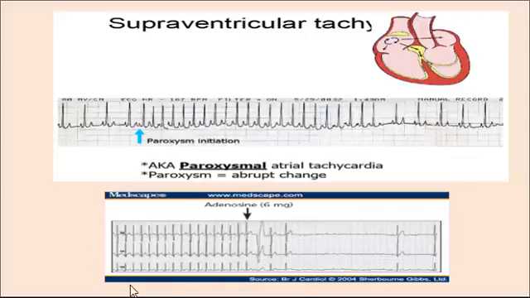Here, if you have an SVT or supraventricular tachycardia, not paroxysmal, this is what we call PAT. You're going to look for underlying causes, what is making this come and go. But you have a person here that comes and they're staying in this SVT, this rapid rhythm somewhere above the ventricle.